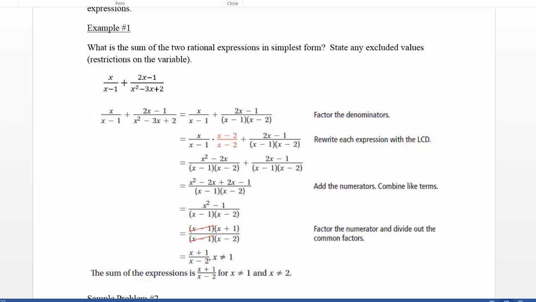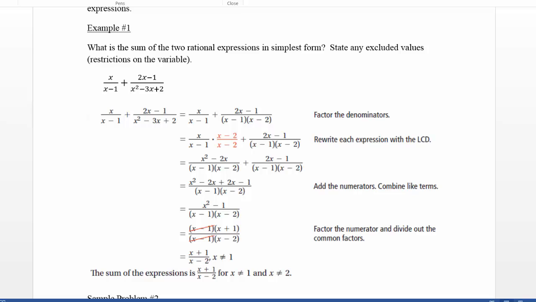Now, that may not make sense right off the bat, but if you look back to the original problem, you can see we had x minus 1 and x minus 2 in the denominators between the two rational expressions, and so we have an excluded value of x cannot equal 1 and x cannot equal 2, because in the original rational expressions it would make those undefined, and you can't add undefined fractions to each other. So you're not just looking at the simplified final answer, you're also looking at the denominators of the original expressions.